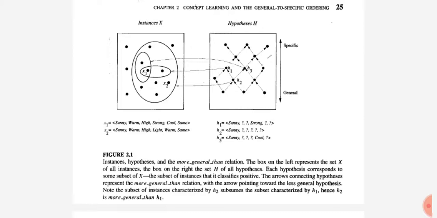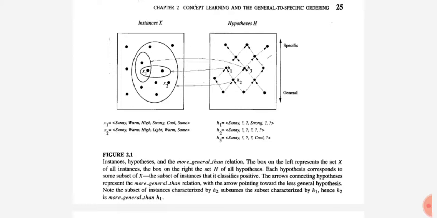In this example, the left box represents the set of instances, and the right box represents the set of hypotheses. These instances and hypotheses are related to the example of enjoy sport, which has 6 attributes with some possible values.